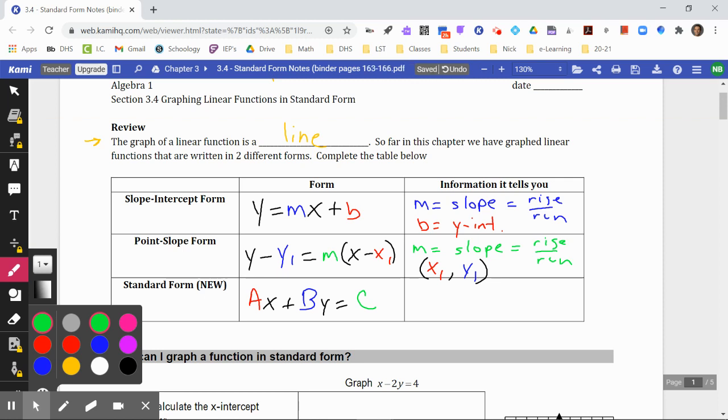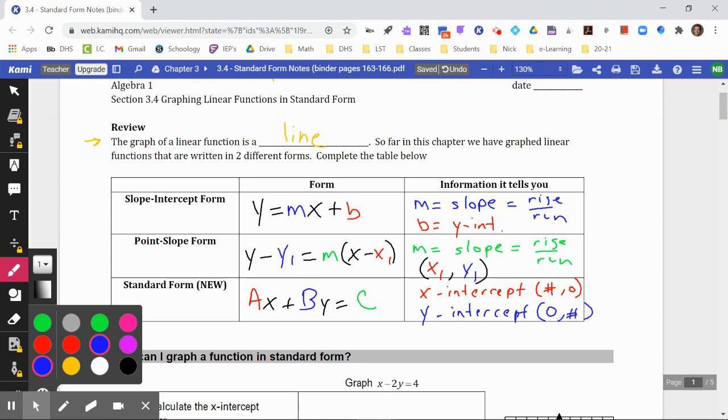With this form, what this is going to tell us is our x-intercept, which is going to be some number, comma 0, and we're also going to have a y-intercept. That b value we're going to use for our y-intercept, and that a we're going to use for our x-intercept. The y-intercept is going to be 0, comma some number.